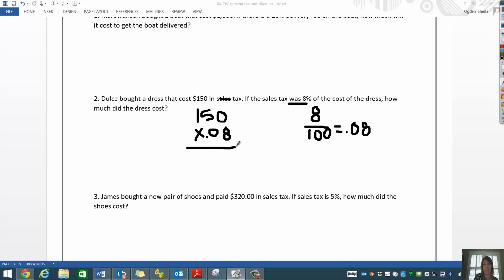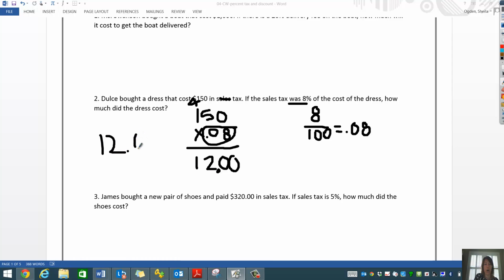It's not at the end. So 8 times 0 is 0. 8 times 5 is 40. Carry the 4. 8 times 1 is 8, plus 4 is 12. Now, there are two numbers behind my decimal, so my decimal needs to go 2 spaces. So the tax is $12.